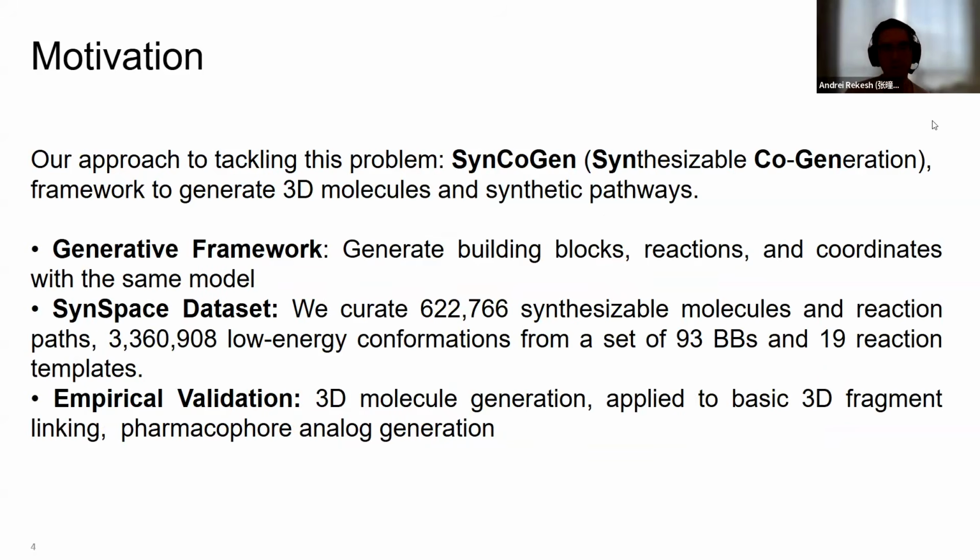So our approach to trying to address this problem was a model called SynCoGen, and the idea was, can we take this all atom discrete and continuous simultaneous diffusion approach and apply it to the building block level instead?